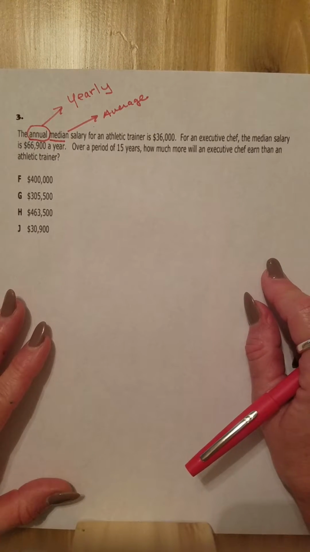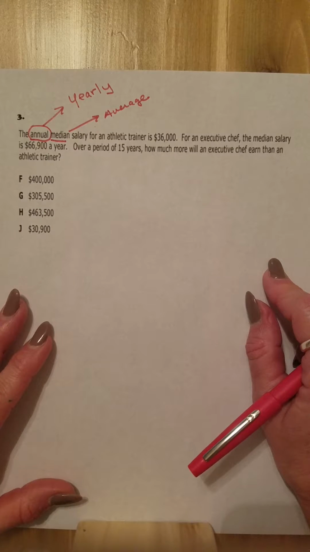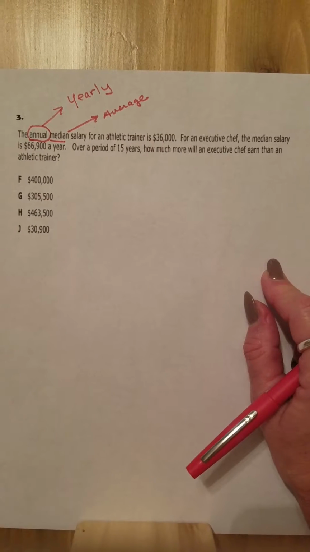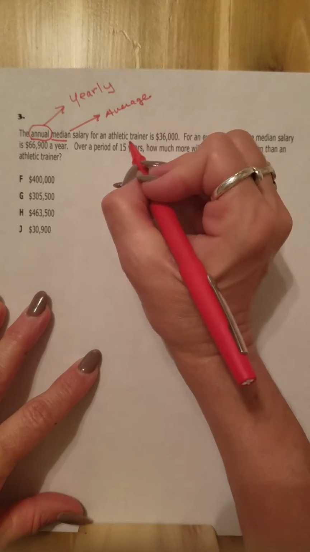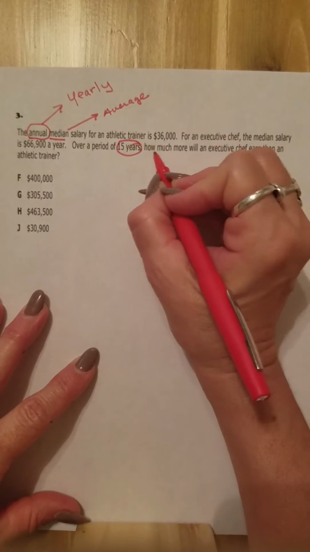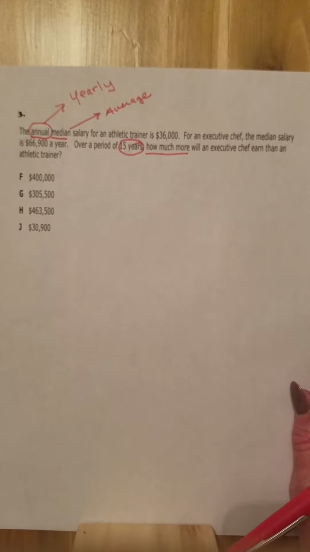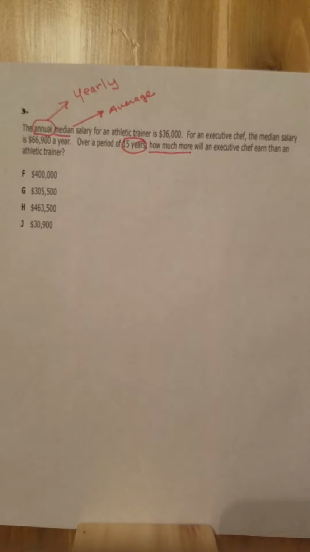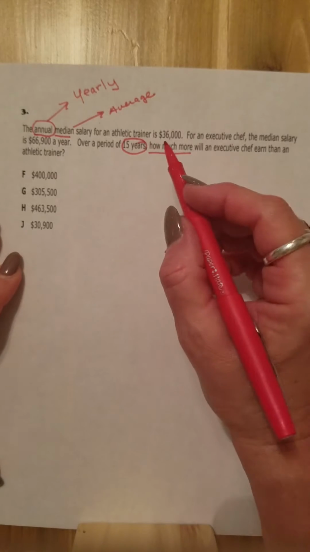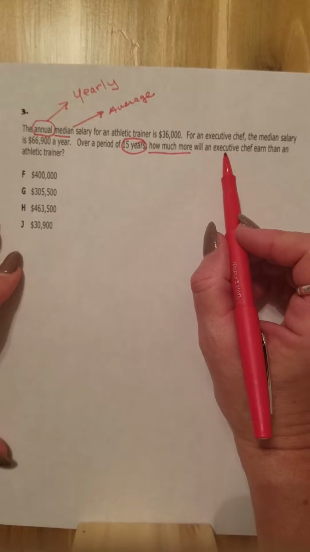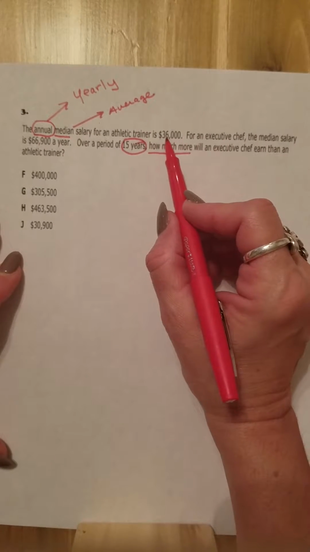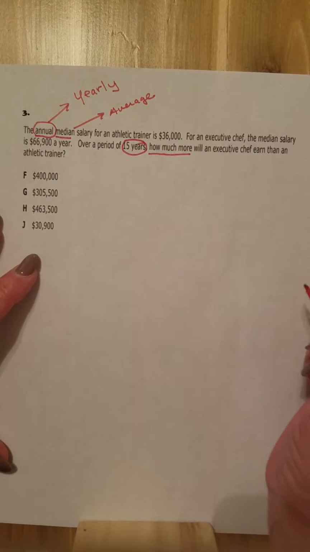For an executive chef, the median salary is $66,900 a year. Over a period of 15 years, how much more will the executive chef earn than the athletic trainer? So when we want to know how much more the chef is going to make than the trainer, we're looking for the difference.